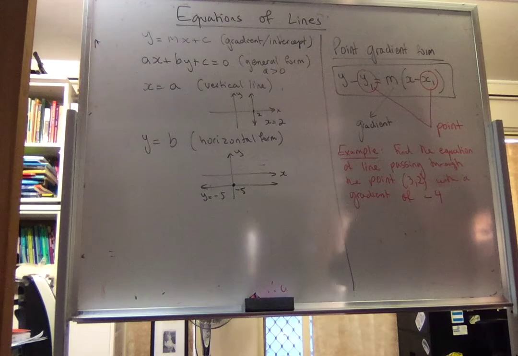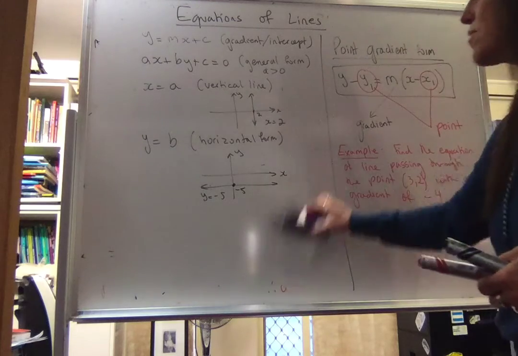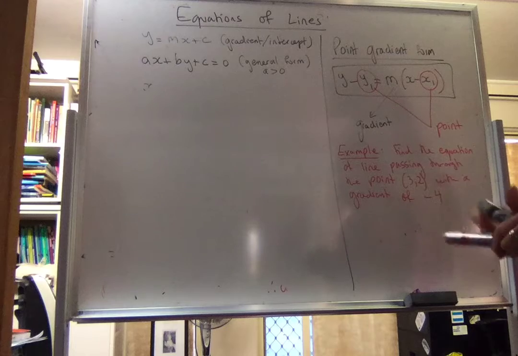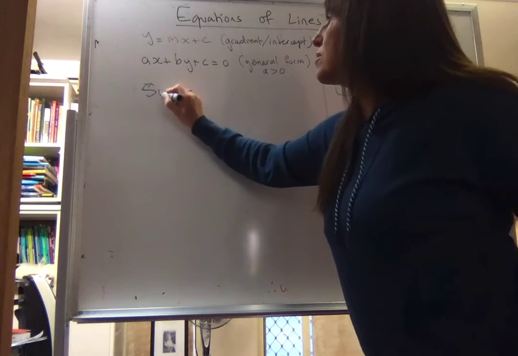Okay, just making it up as we go. All right, let's have a look and see. How do I apply this? So I'm just going to go over here and show you the solution. Okay, so solution.